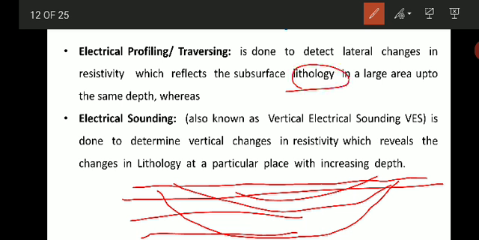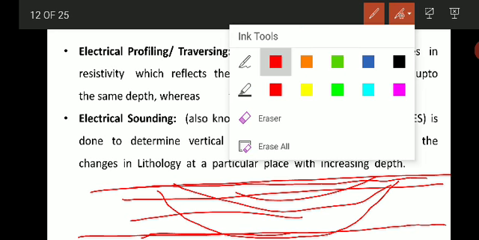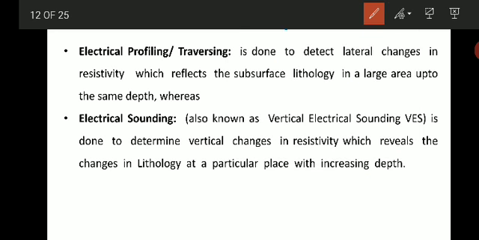Lithology is information about the rocks, so what type of rocks are present below the ground. It covers a large area, and the depth remains the same. That is called profiling. Here the depth remains the same, but it is lateral extent.